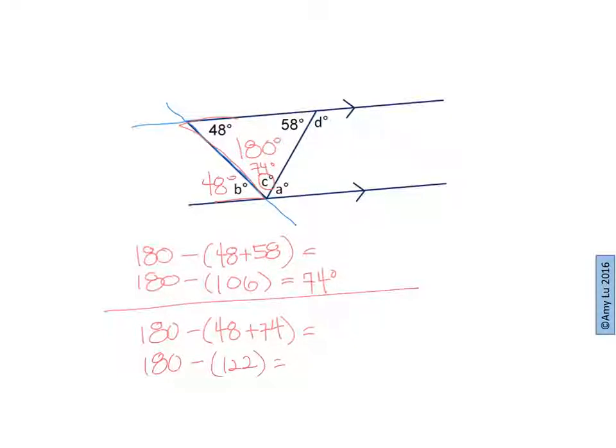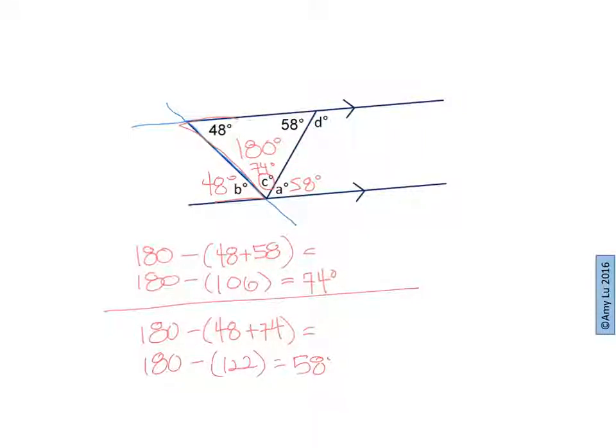So 180 minus 122 will be 58. So A is 58 degrees. And just from looking at it, 58 and A are actually alternate angles.